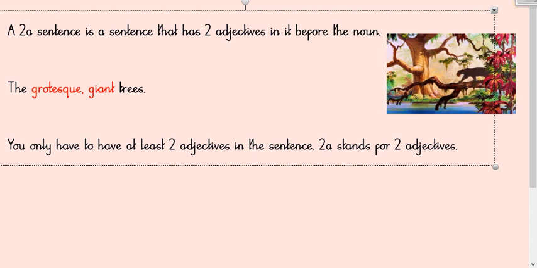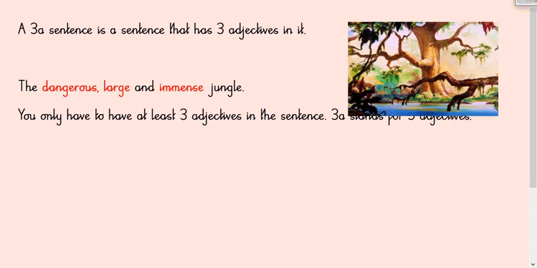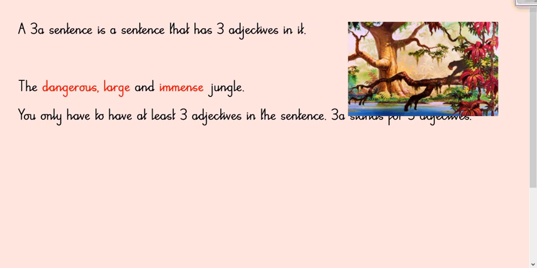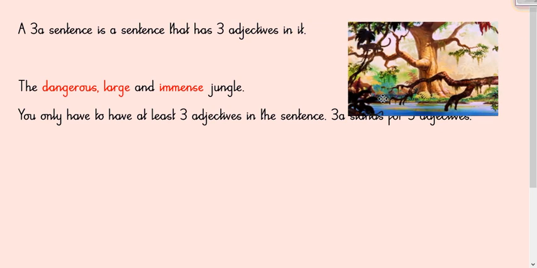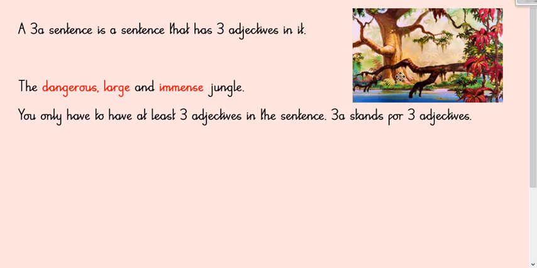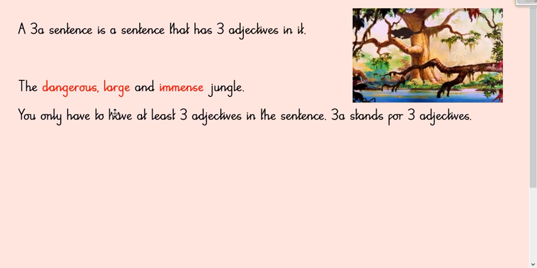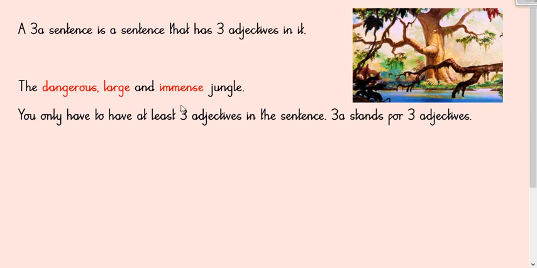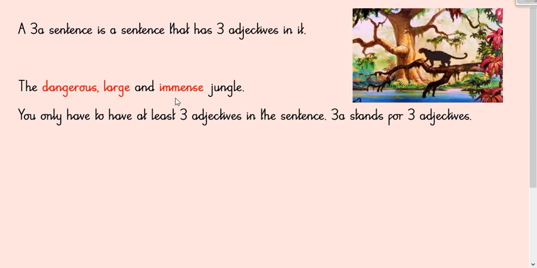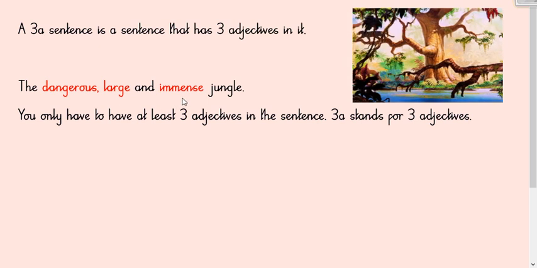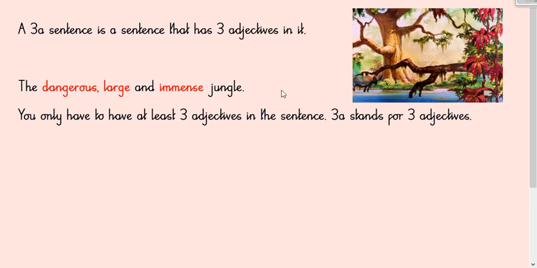I wonder, what might a 3A sentence be all about then? Let's find out. A 3A sentence is a sentence that has three adjectives in it. The dangerous, large and immense jungle. Dangerous, large and immense are my adjectives within this sentence, and they all add extra detail about the jungle.